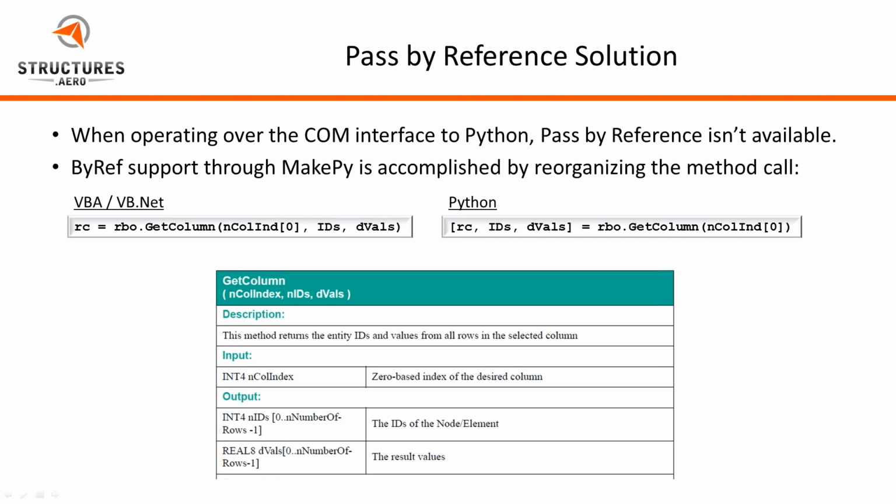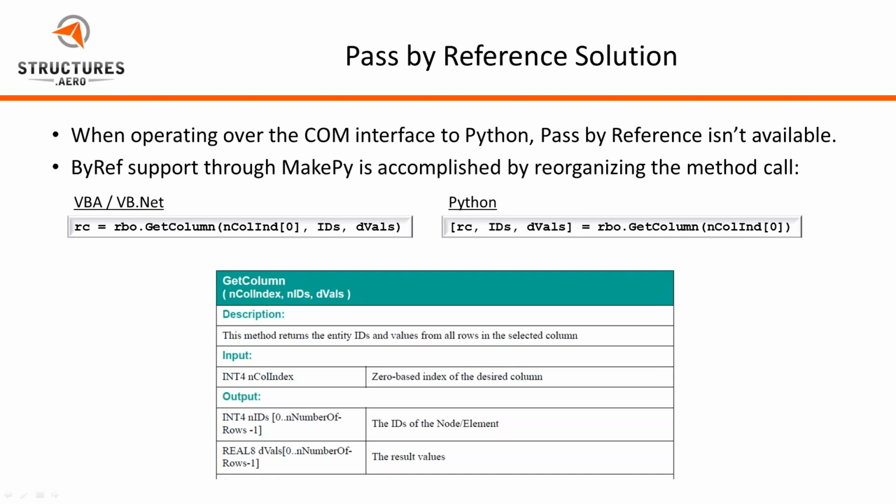When we write this in Python, it gets reordered. Python does have the ability to return multiple outputs from a function, and that's what we're doing here. We've taken those output variables, the IDs and the values, and put them on the left side of the equals, just returning all of the outputs as a set.